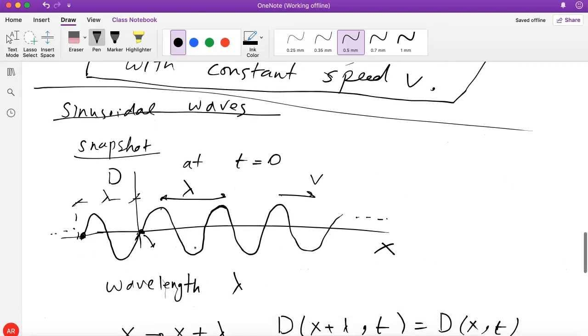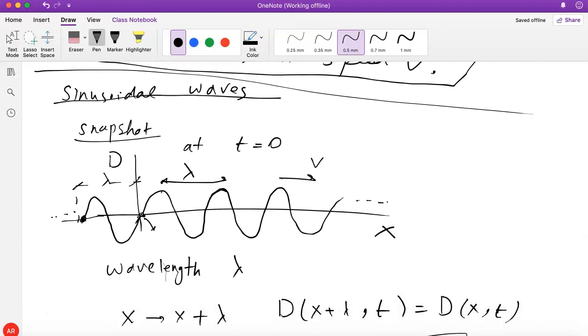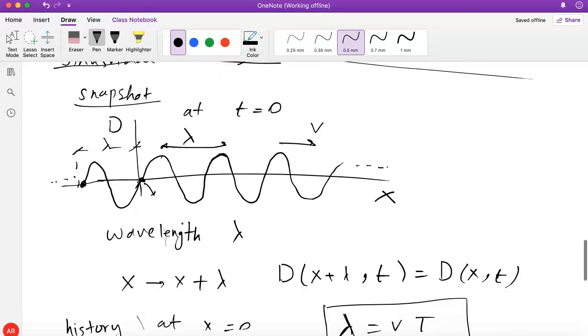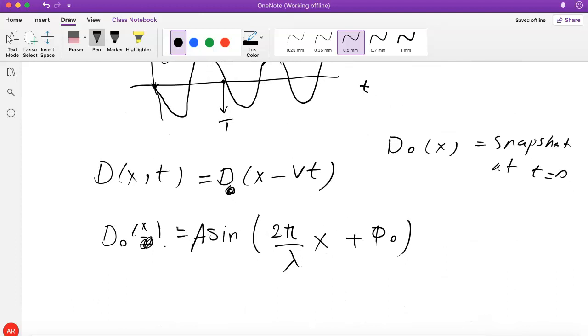So this thing that we drew here, phi naught is 0. That's just the sine function, but you could have shifted it a little bit. You have the choice of where you put your origin. What point is x equals 0?